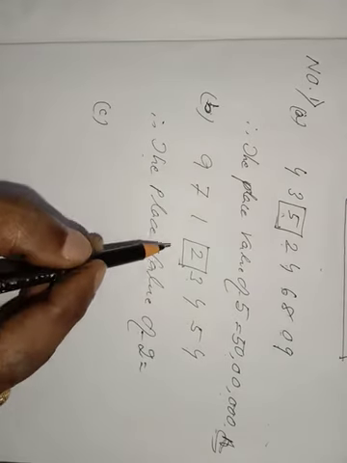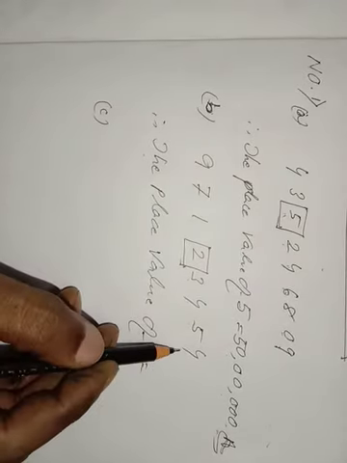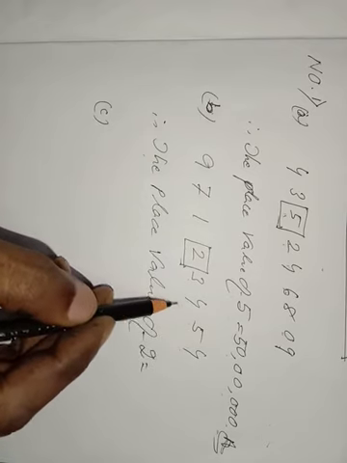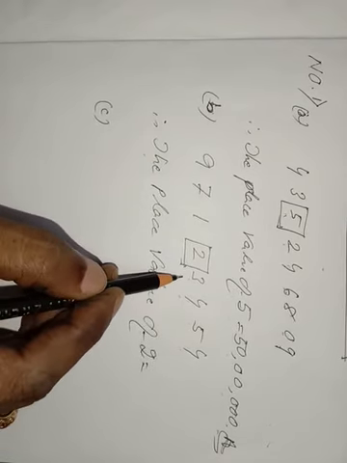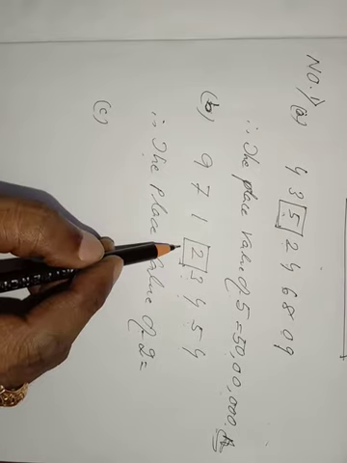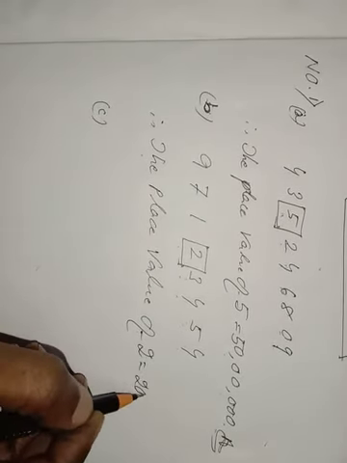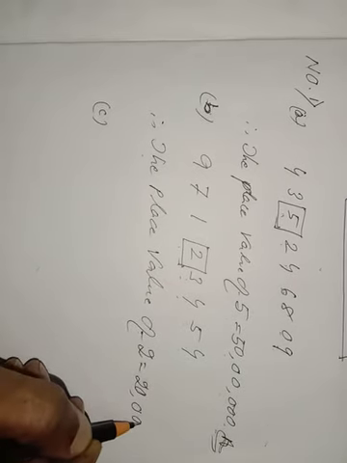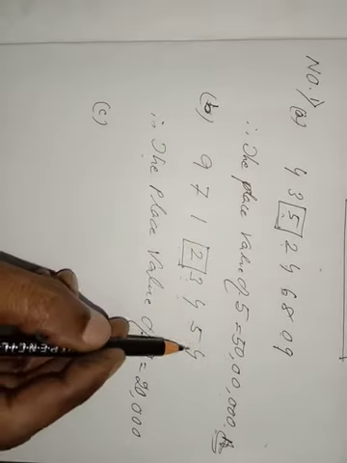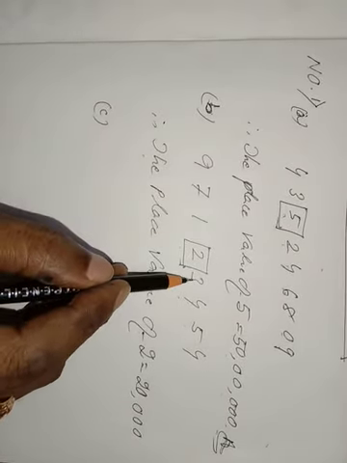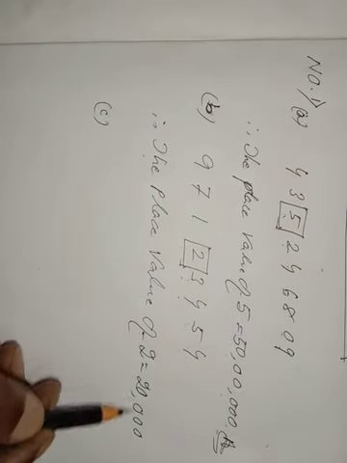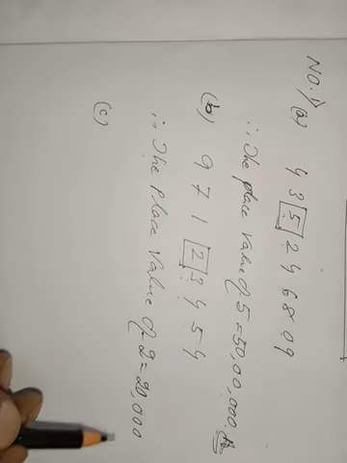See, where is the position of 2? 1's place, 10's place, 100's place, 1000's place, 10,000's place. So the place value of 2 will be 20,000. After 2, I have to write 4 zeros: 1, 2, 3, 4. The place value of 2 is 20,000.